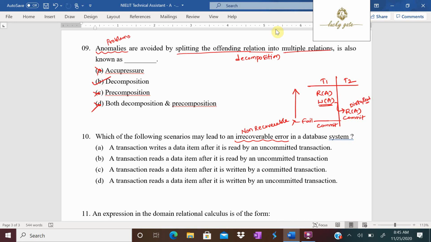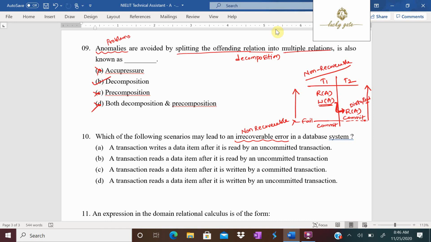Because transaction T2 is depending on the value updated by T1, because of rollback of T1, it requires rollback of T2. But is rollback of T2 possible? No, it cannot be rolled back. Why? Because it is already committed. Such a schedule is called an irrecoverable schedule, also called a non-recoverable schedule. This is a case for non-recoverability.